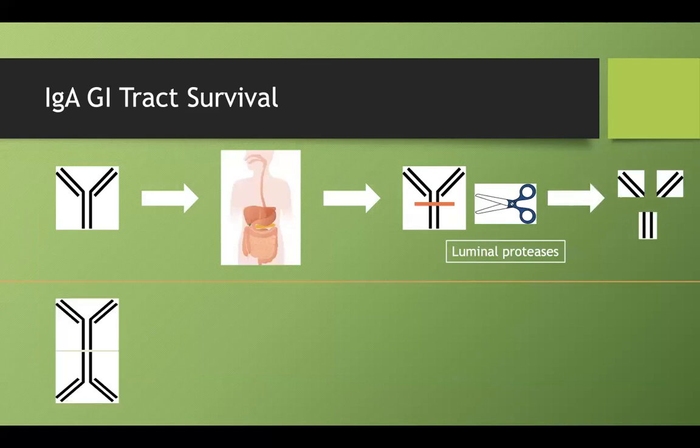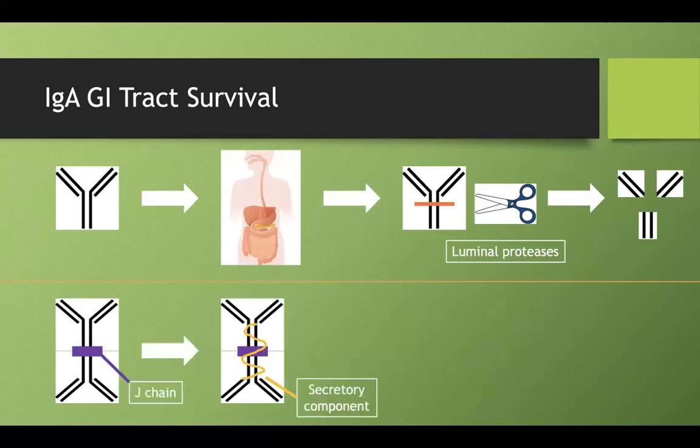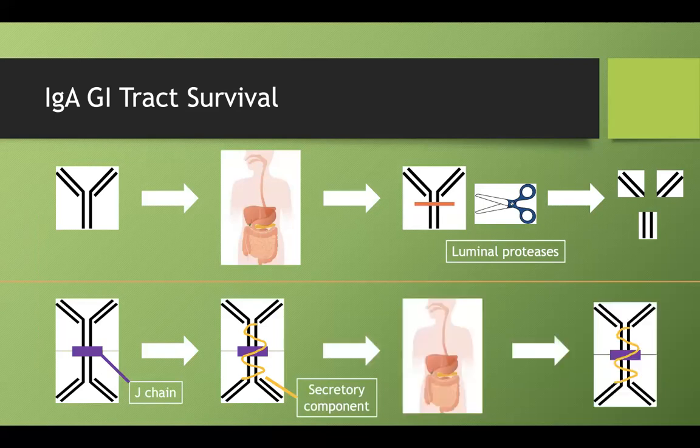The nice thing about IgA is that it exists as a dimer, which means two of them attached together, and they're attached by a J chain as well as a secretory component. Because of these two features, they can go to the GI tract and survive there without luminal proteases being able to break them down.